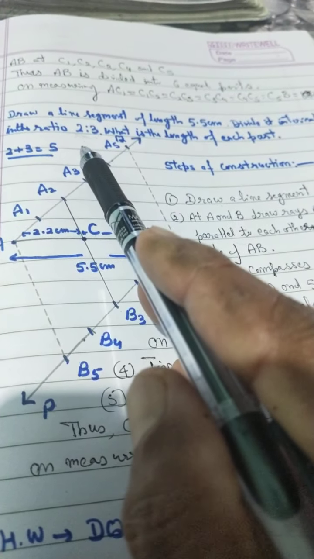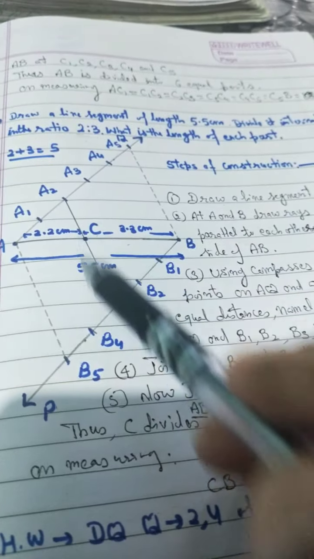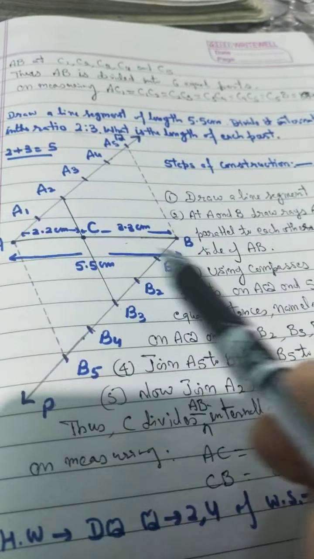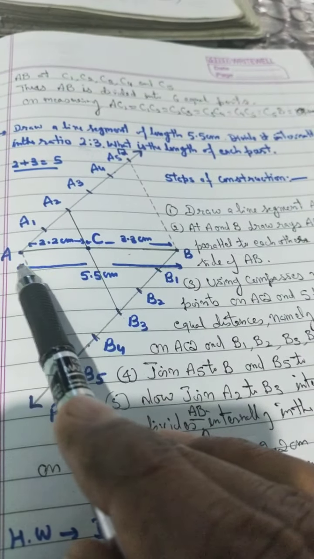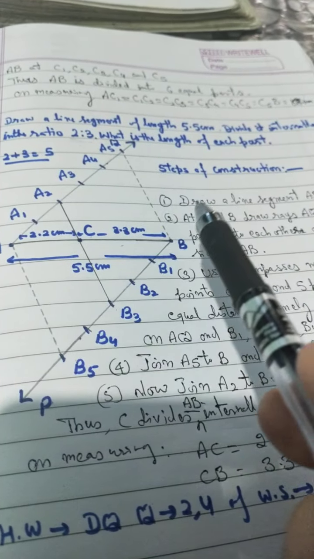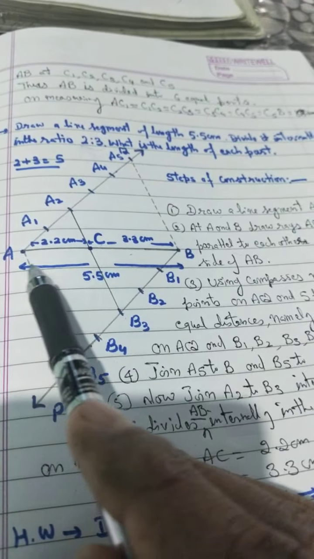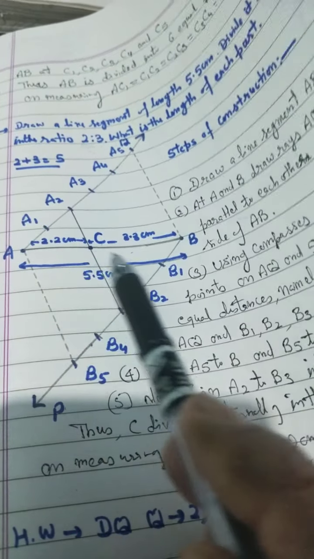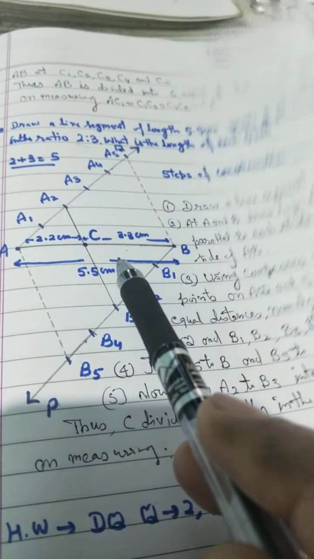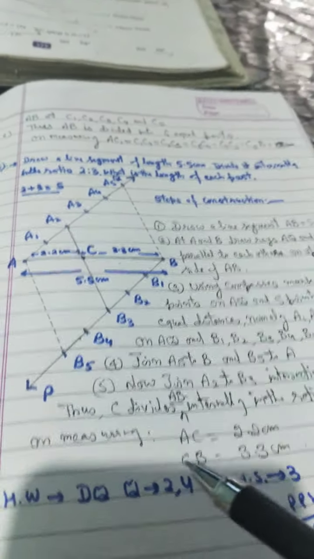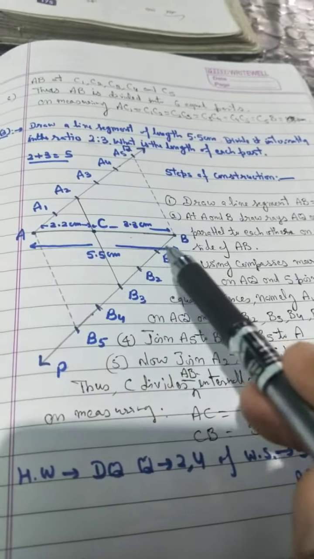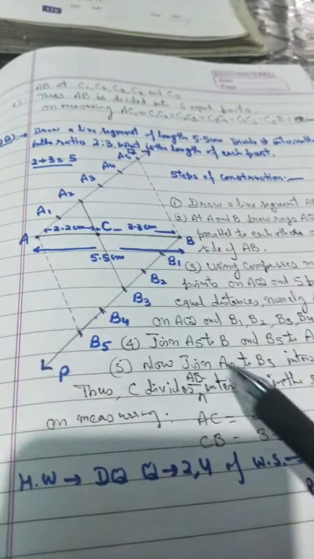Here 2 is your A2 and 3 is your B3. Join A2 B3 intersecting AB at C. Thus line segment AB is divided internally in the ratio 2:3. On measuring with the help of ruler, the length of AC is equal to 2.2 cm and the length of BC is equal to 3.3 cm. So in this way we can divide a line segment AB internally in the ratio 2:3.